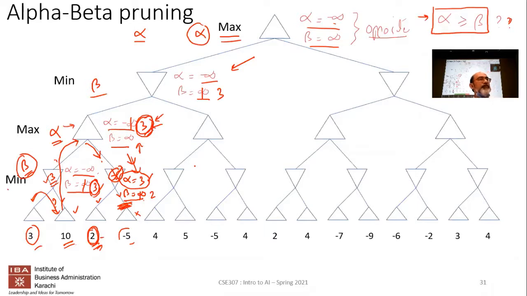We have to store the alpha and beta values at every node, but we're only changing certain values. So at the min layer, we're only going to change the beta values. At the max level, we're only going to change the alpha values.